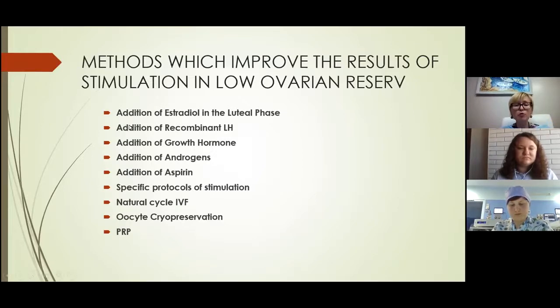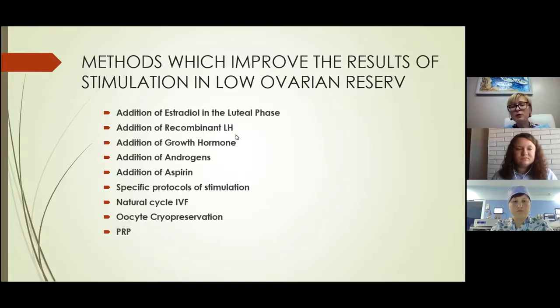In some situations we can add recombinant LH, and for women after 35 years old, it is recognized by most scientific papers that it is very helpful, because women after 35 years old need more LH for an adequate response to stimulation.